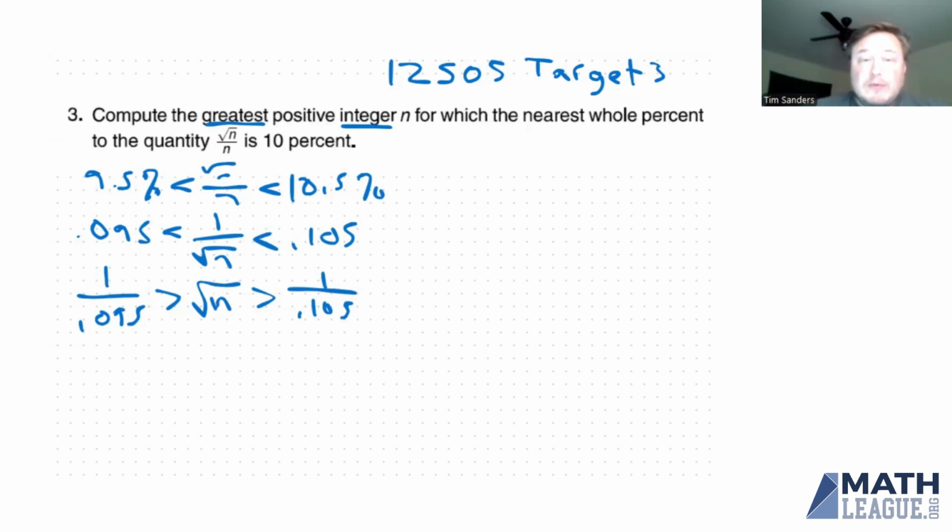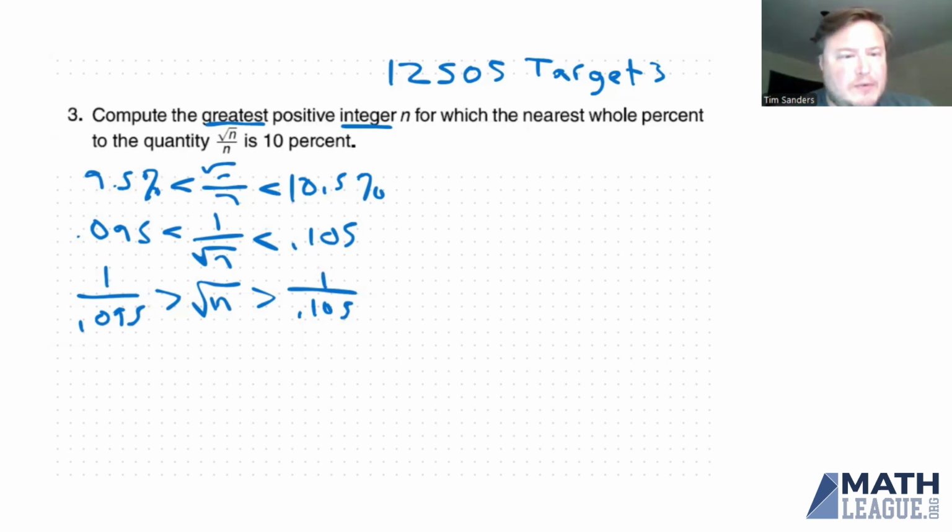But we do have to keep that sort of thing in mind, right? So for instance, if one of the numbers was positive and one of them negative, all the stuff I've said about which direction the inequality goes, you'd have to throw that out and analyze it a little bit more deeply. But because we have positive numbers here, if I have one positive number being bigger than a second one, then when I square them, that first positive number squared is still going to be bigger than the second one squared.